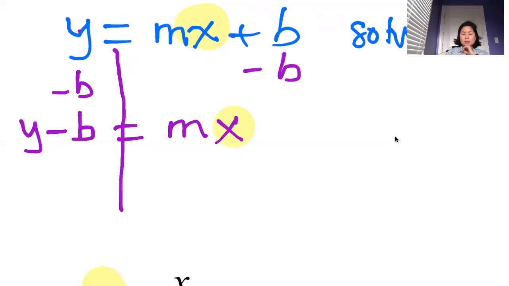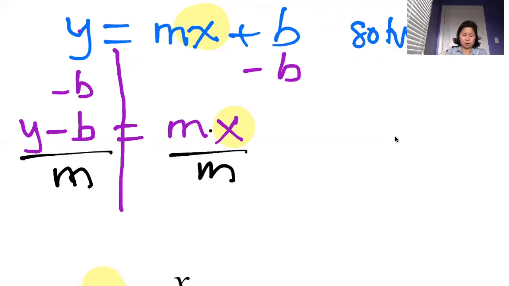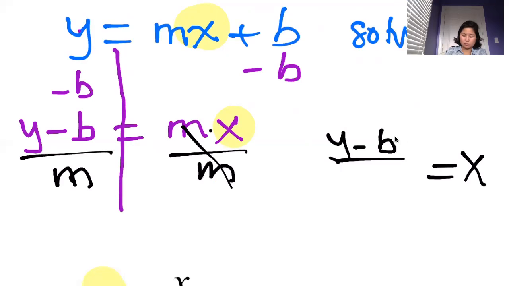So I still want x values. I need to move the m away. To move it away, I'm doing the opposite operation, this multiplication. So I divide by m. Go ahead and draw the entire line for the whole thing. So this cancels out, so my answer would be y minus b over m.